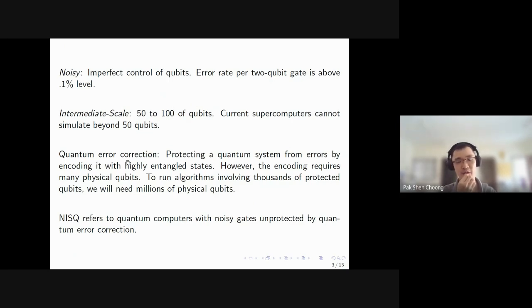So meaning that when you try to perform quantum error correction, you will need a lot of qubits, and it is beyond this intermediate scale at the moment. Which is why he did not refer to any type of quantum error corrections when he refers to NISQ. So over here, I also mentioned that if you want to run a proper algorithm that involves thousands of protected, encoded qubits, you will need millions of physical qubits.